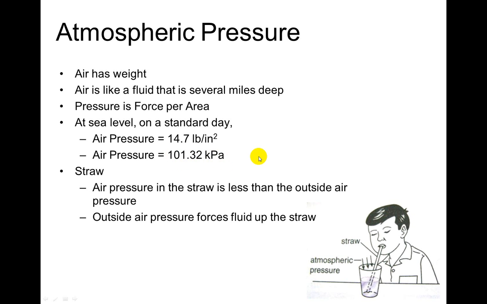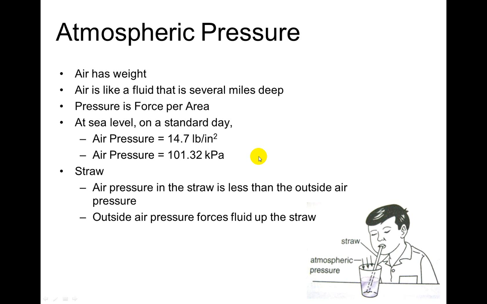So let's talk about a straw, because that's something you use every day. Air pressure in the straw is less than the outside air pressure. It's worded funny, but you put a straw into your liquid, right? Because of air pressure, a little bit of water is going to go up into the straw, up until it equals out.